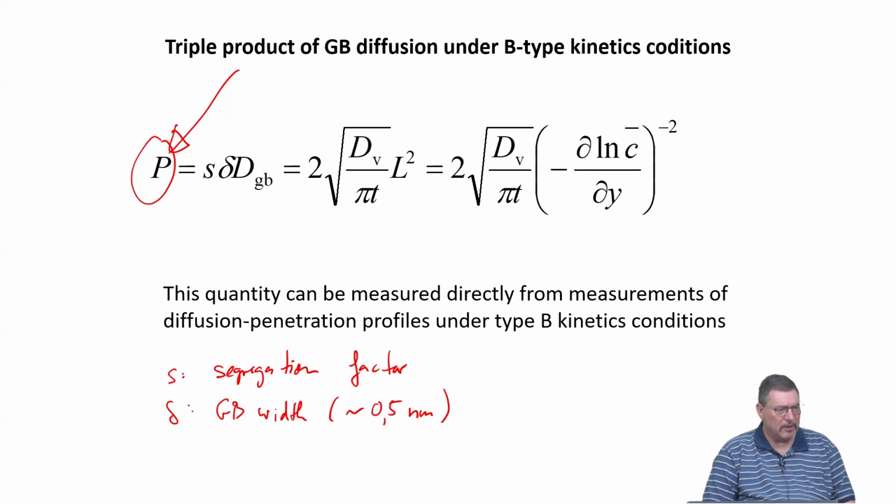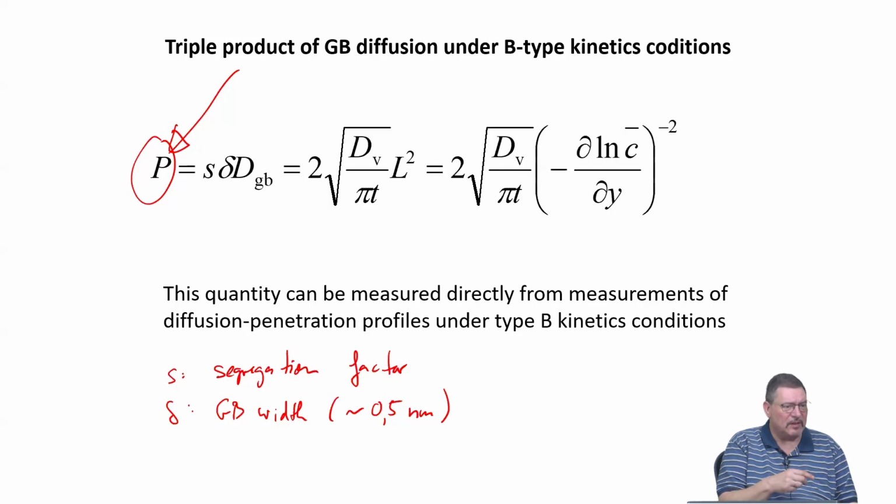So it means we have to take into account when we do measurements at specific temperatures, we have to know in which regime we are. And we, for certain materials, need to know, is there segregation occurring in a measurable, in a strong way at the grain boundaries, or is there not any segregation or very, very close to unity?